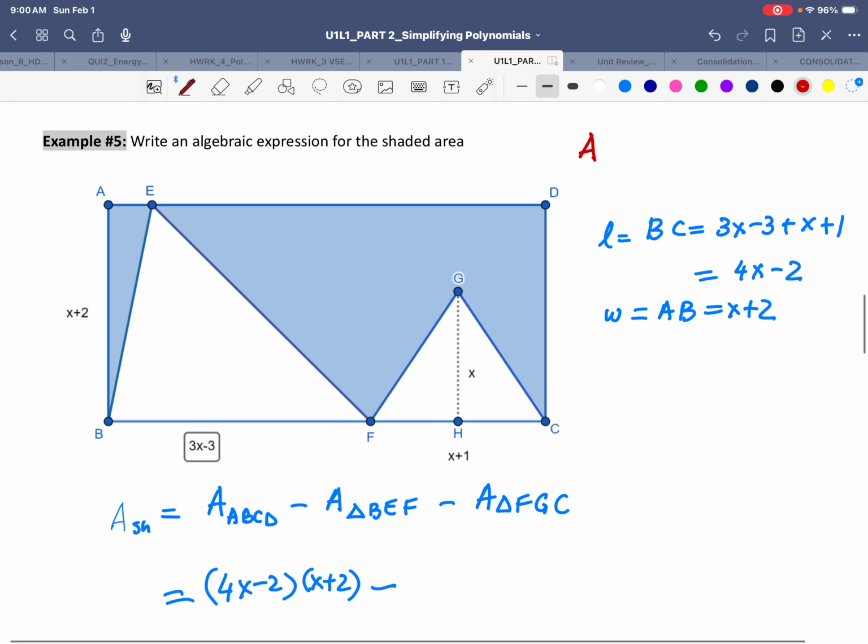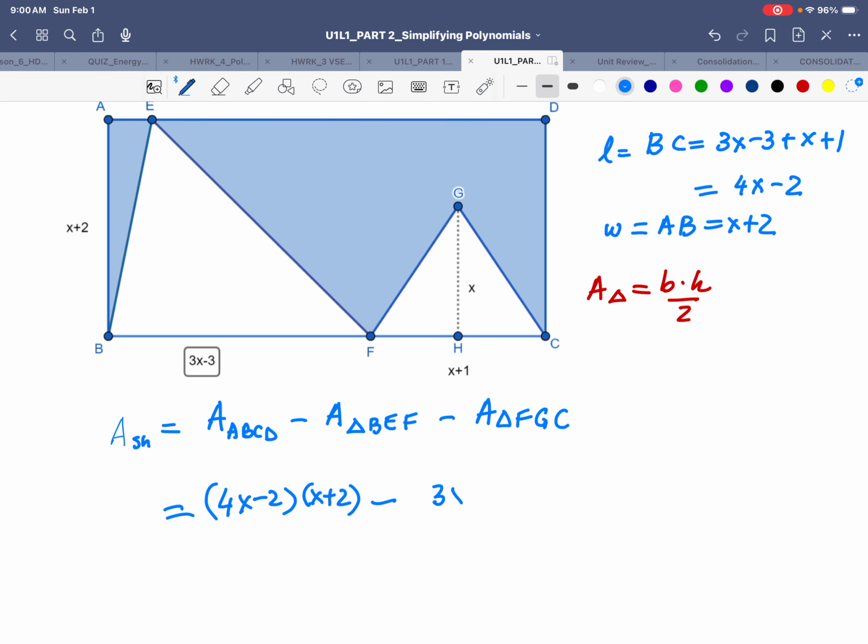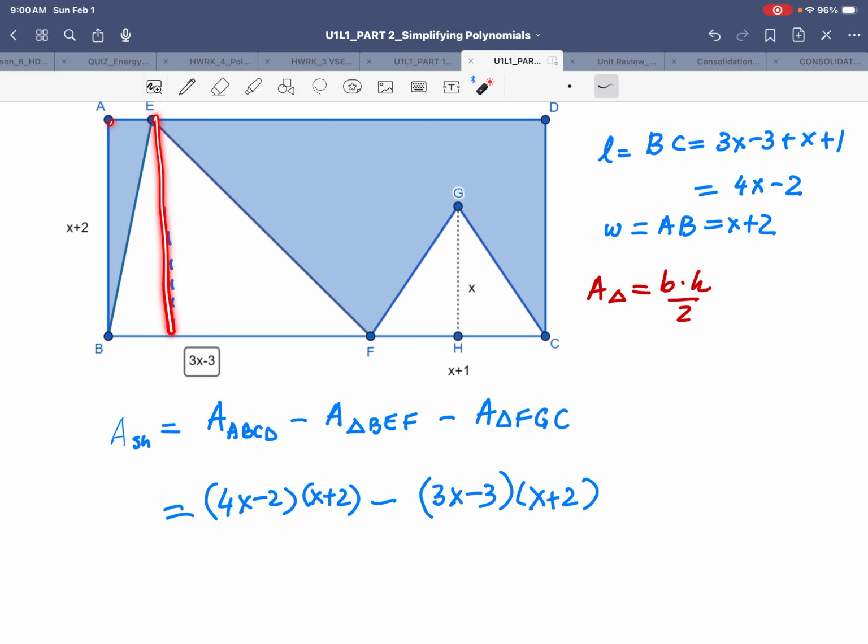So area of a rectangle is length times width. Area of a triangle is base times height divided by 2. So in our case, we have the base of this triangle, 3x minus 3. And then the height of this triangle would be the same as the width of the rectangle, x plus 2, from here to here.